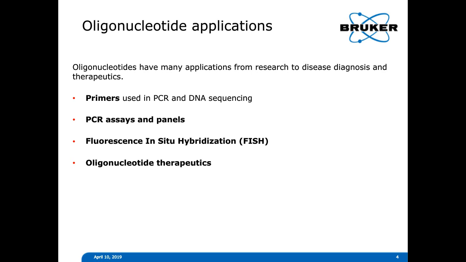PCR assays and panels are designed to detect and measure the expression of biologically related genes. Fluorescence in situ hybridization, or FISH for short, is used to detect and localize either DNA or RNA within the cells and tissues.